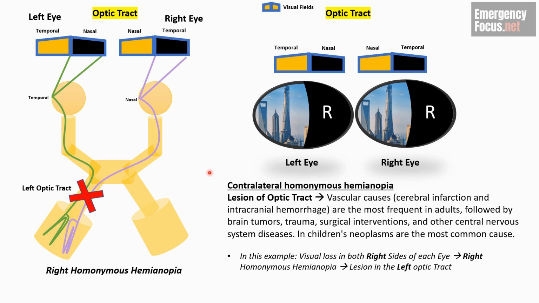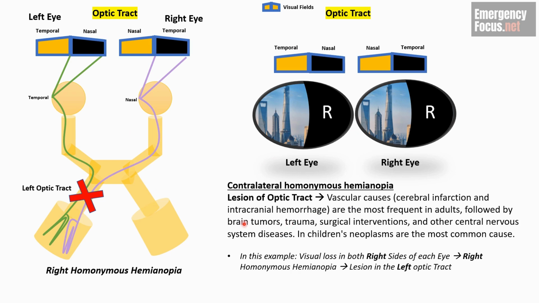Now, when you see this contralateral homonymous hemianopia, it's just telling you about where the damage is. So if I have right side blindness of both visual fields, that means that it's contralateral. So it means that the damage is on the left optic tract.